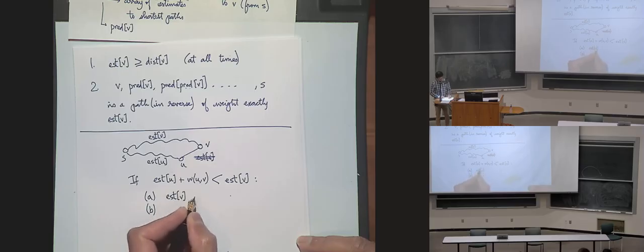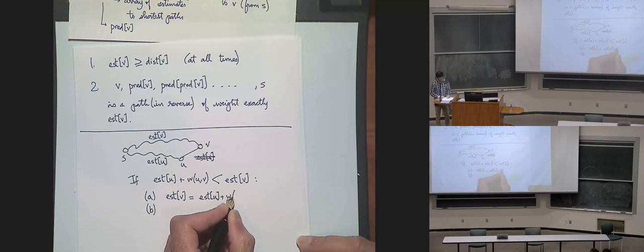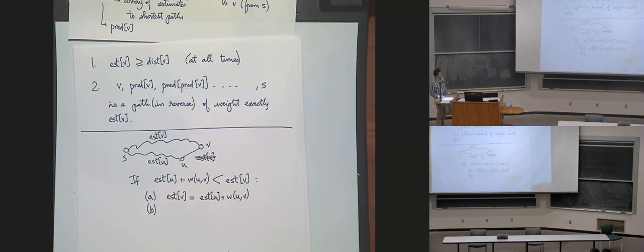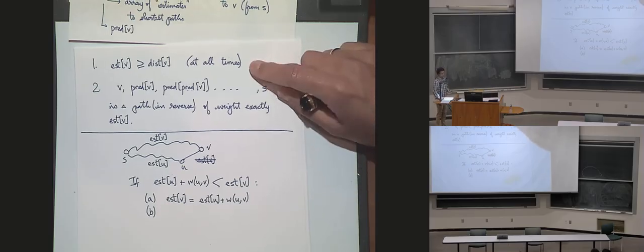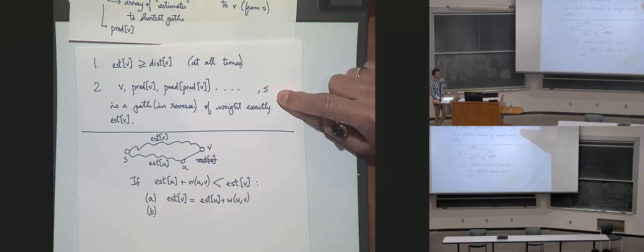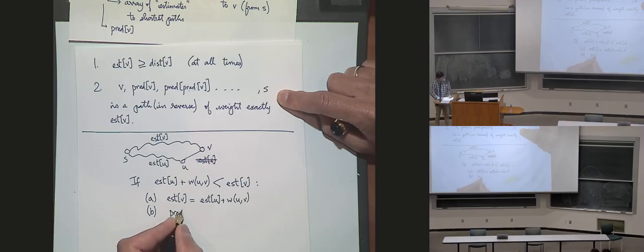You reset this to be estimate of U plus the weight of UV, and then there's another property you need to maintain. Set the predecessor of what to what?